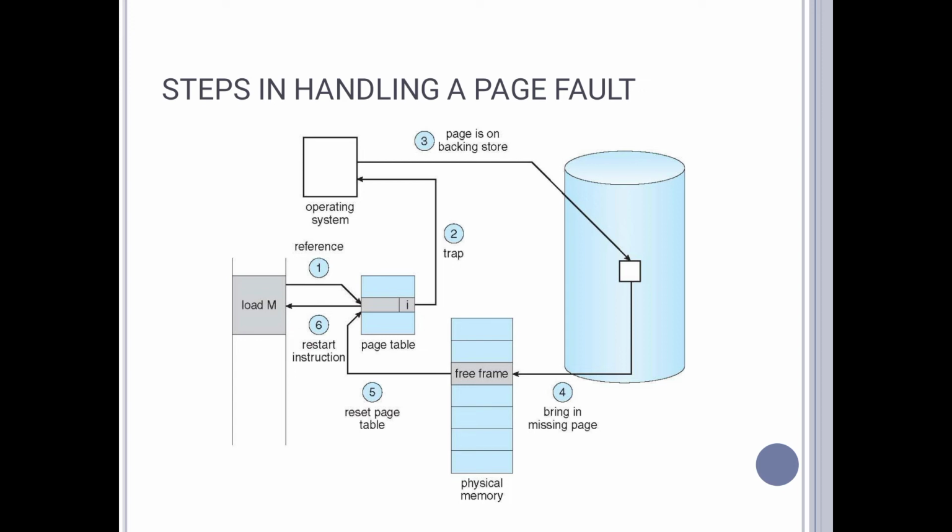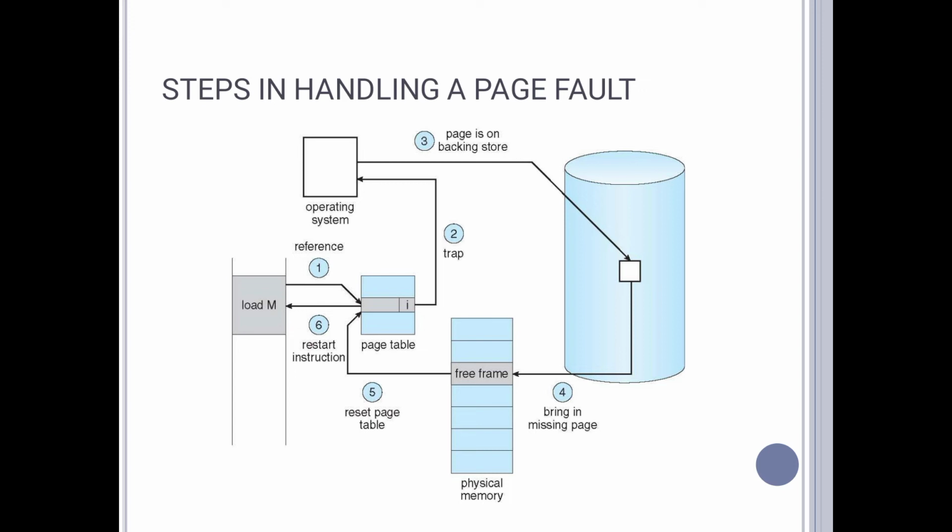As a worst-case example, consider a three-address instruction such as ADD A to B, placing the result in C. The steps to execute this instruction are: fetch and decode the instruction (ADD), fetch A, fetch B, add A and B, and store the sum in C. If we fault when we try to store to C, we will have to get the desired page, bring it in, correct the page table, and restore the instruction.